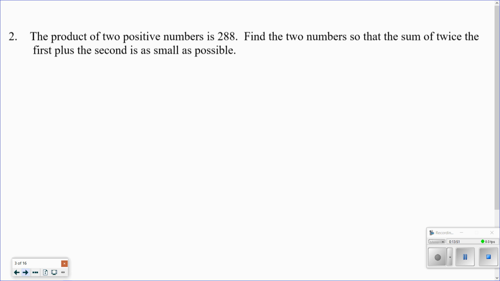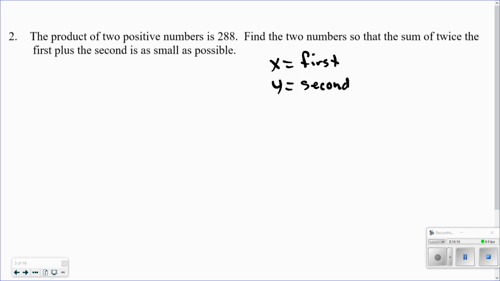Let's come up with our variables. We have 2 numbers, so x is the first number and y is the second number. There's no figure to draw here, so we don't have to worry about that.